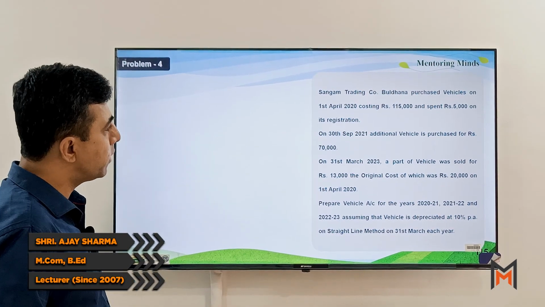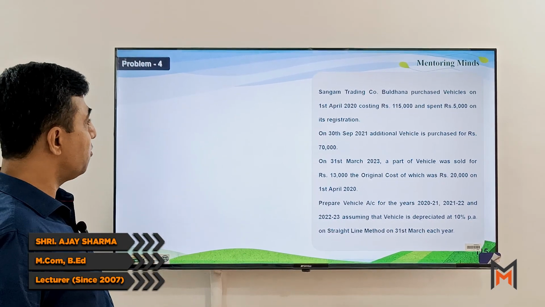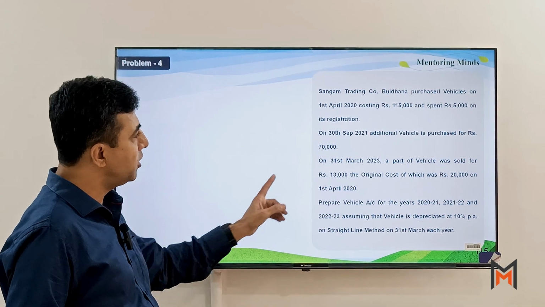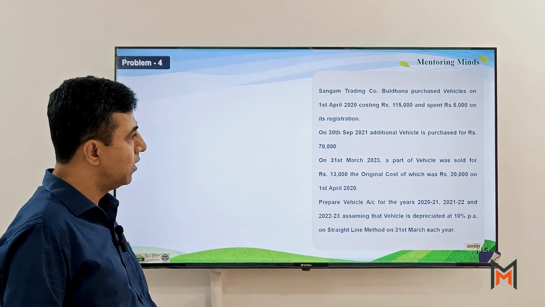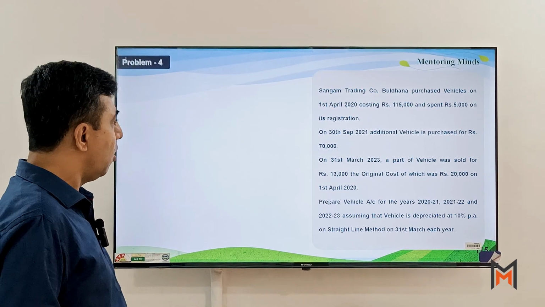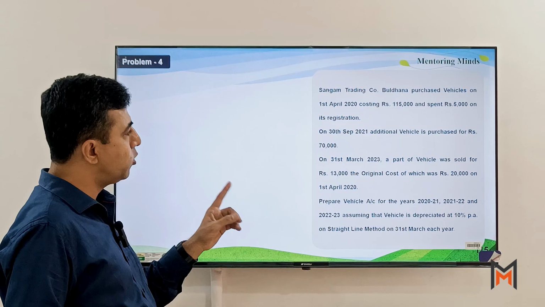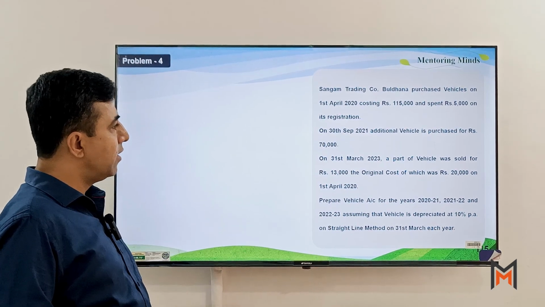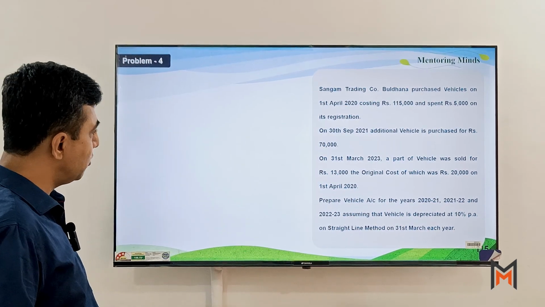Sangam Trading Company Buldhana purchased vehicles on 1st April 2020 costing rupees 1,15,000 and spent rupees 5,000 on its registration. On 30th September 2021, an additional vehicle is purchased for rupees 70,000.